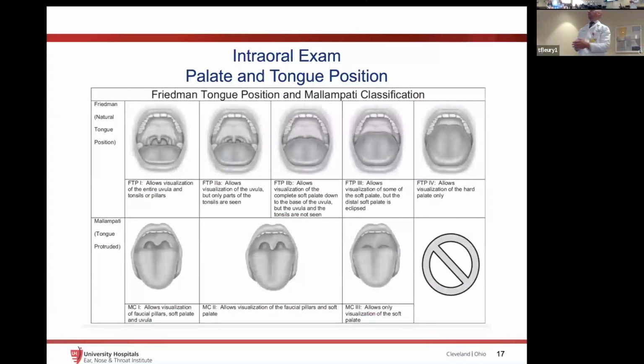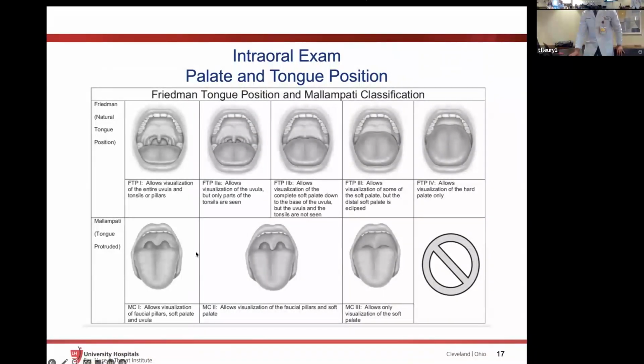And then we'll also look at palate and tongue position. So Friedman should be looked at in a neutral position where he's not actively changing his anatomy. And then you see how much visualization you have from the palate, starting from seeing the whole uvula and the arches to really just seeing hard palate.